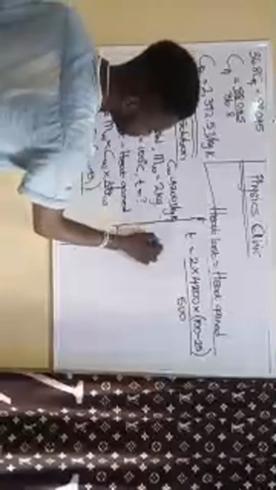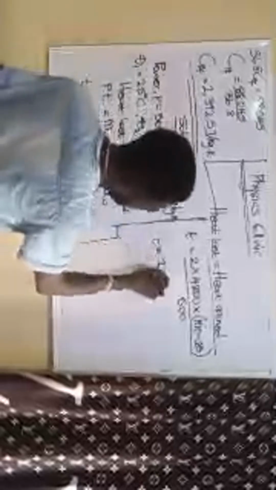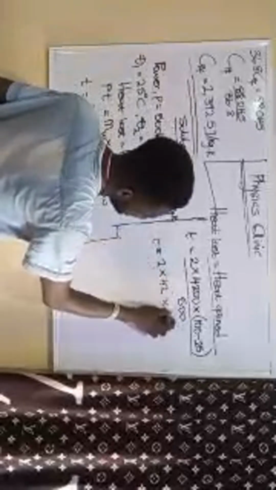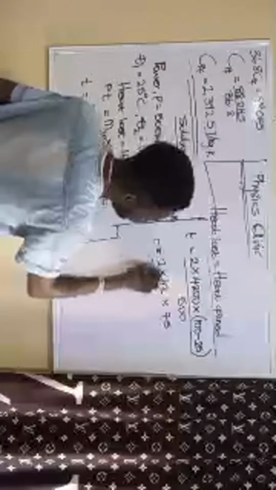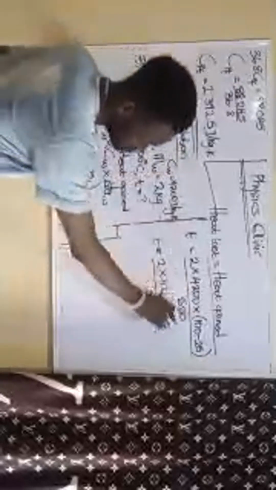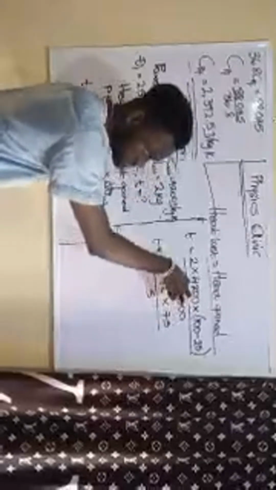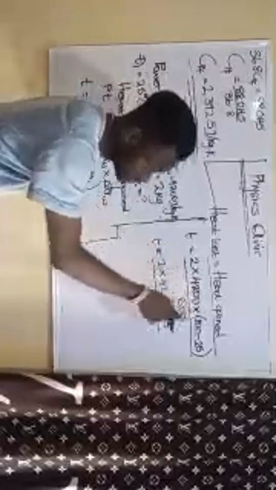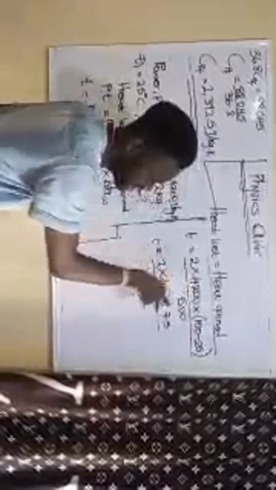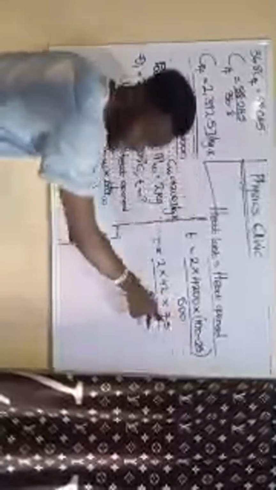Okay, so if I do this, this will be 2 times 42 times 75 over 5. I know you are wondering what just happened. Well, these two zeros here, we cancel these two zeros. That's what just happened. All right. So these two zeros that stand with 500, I'll use them to cancel the two zeros that stand with 4,200. So I'm left with just 42 here and 5 here. And 100 minus 25 is 75.